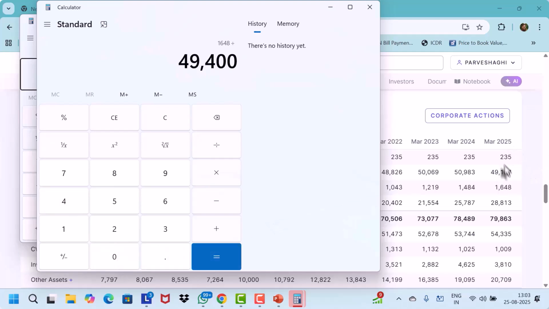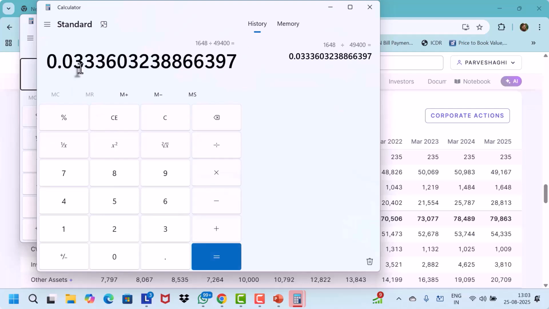So this will be 0.03. Have you got it now, Srishti? 0.03. So this has been given here, sir, 0.03, if you look at here.